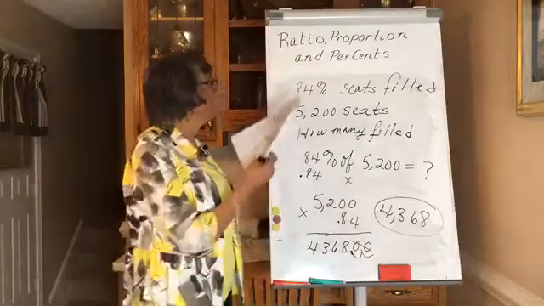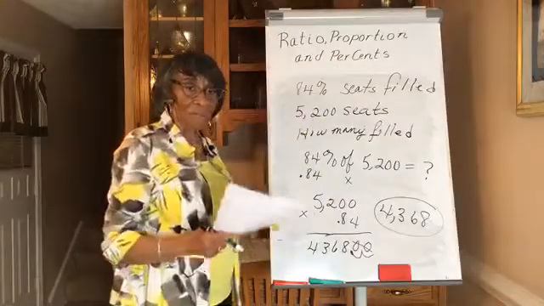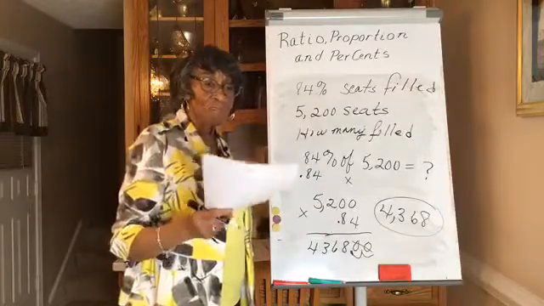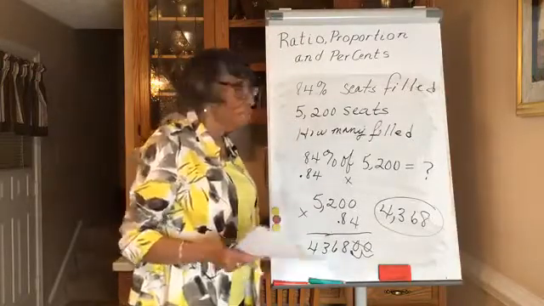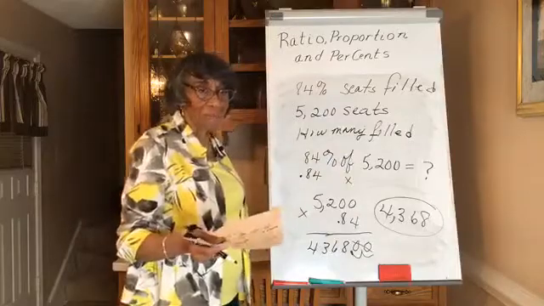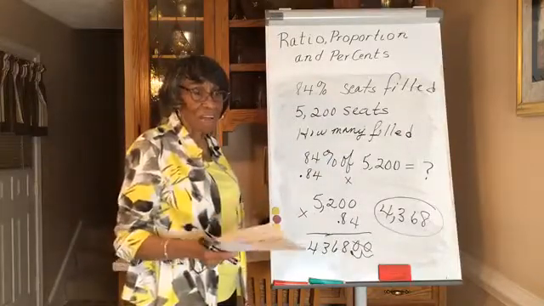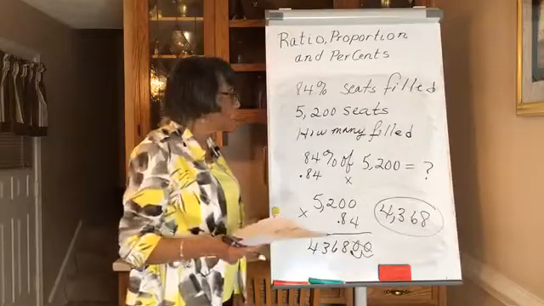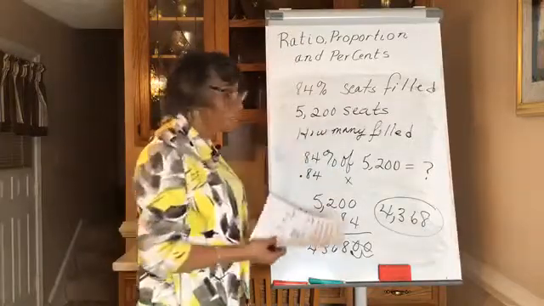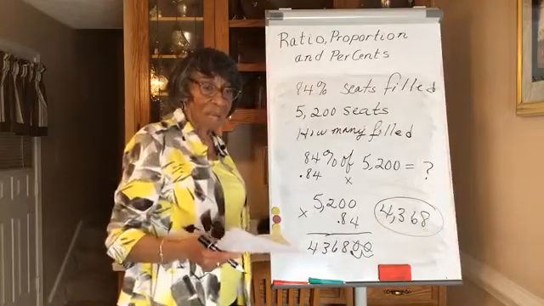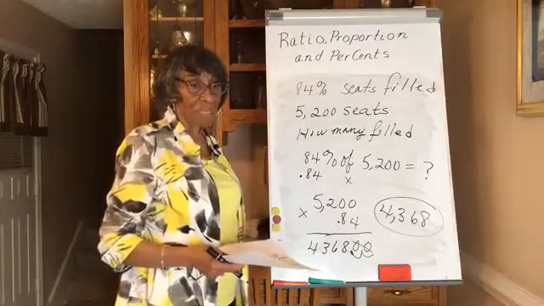All right, then we went to proportions, and a proportion is a statement that 2 ratios are equal. And it's just like what we did with fractions. We just make sure that they are equivalent fractions, and we find the missing part. All right, and then percents is another form of a fraction with the denominator always of 100.